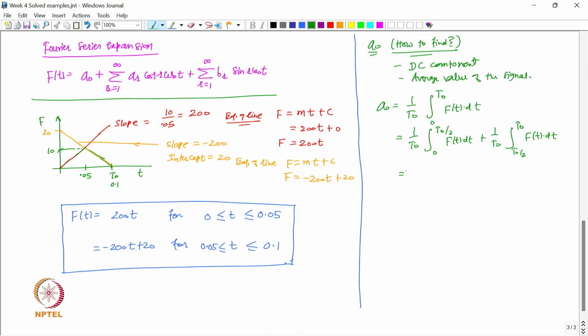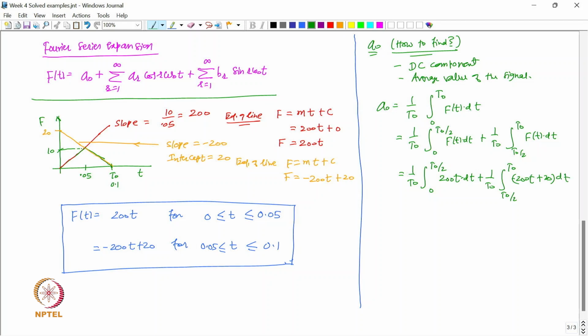So now we can substitute: 1 upon t naught, 0 to t naught by 2, 200 t into dt, plus 1 upon t naught, t naught by 2 to t naught, minus 200 t plus 20 into dt.